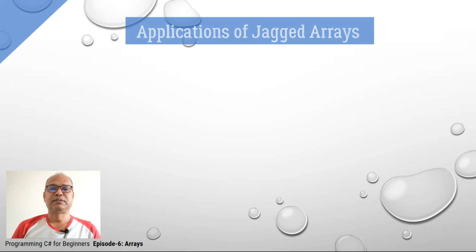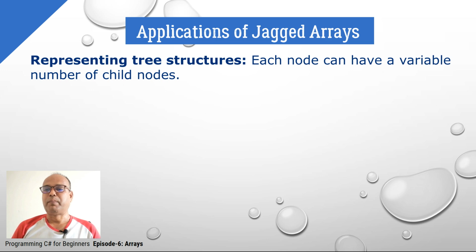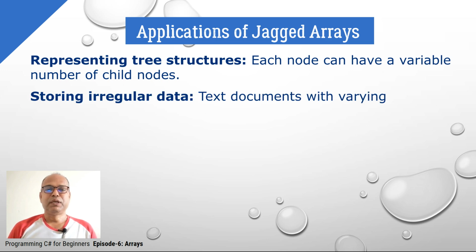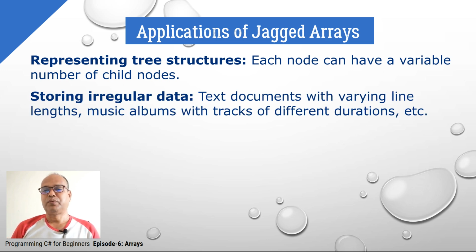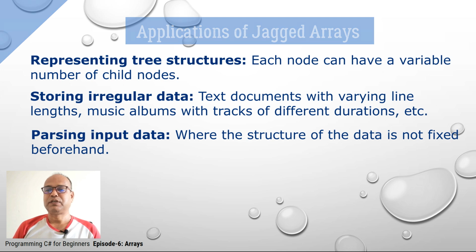Applications of jagged arrays. Representing tree structures, where each node can have a variable number of child nodes. Storing irregular data, such as text documents with varying line lengths, music albums with tracks of different durations, etc. Parsing input data, where the structure of the data is not fixed beforehand.